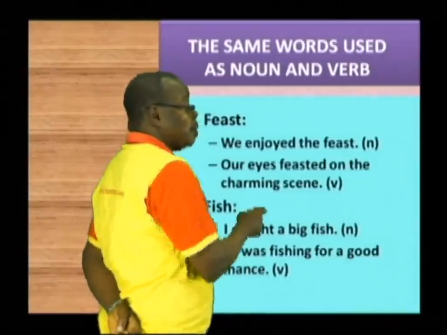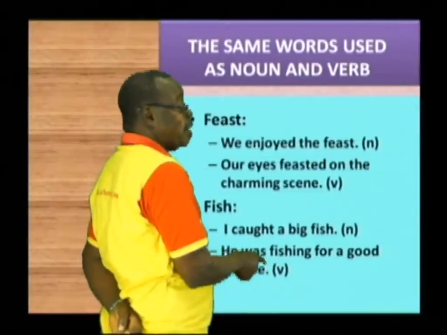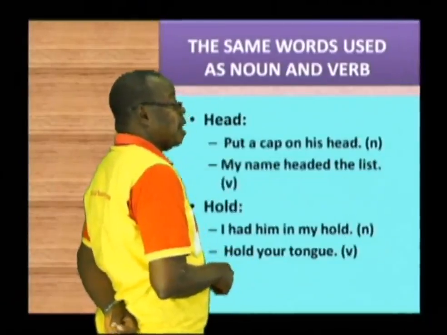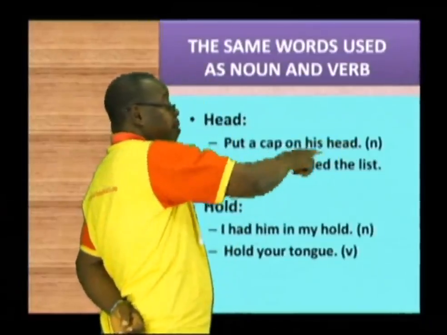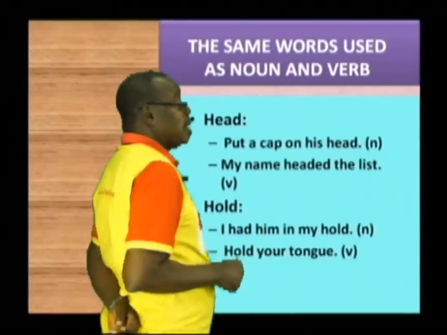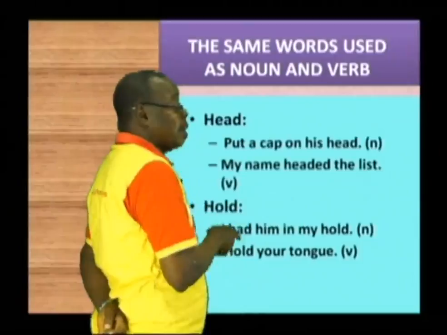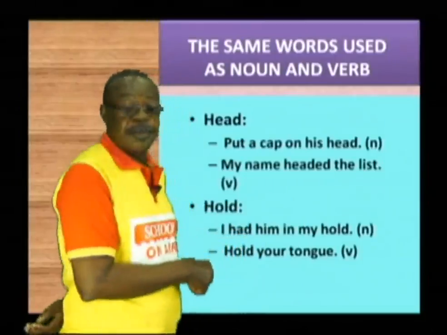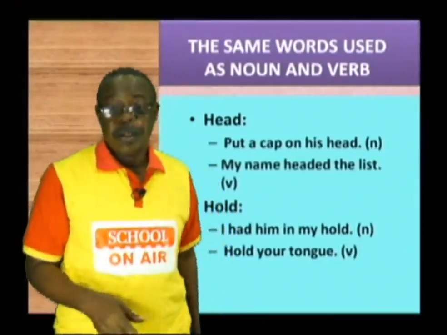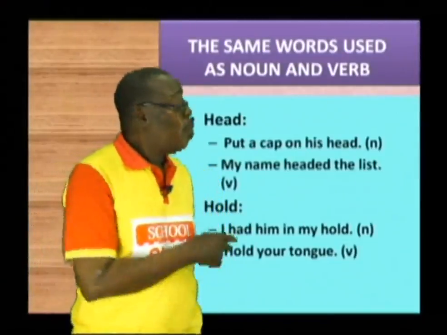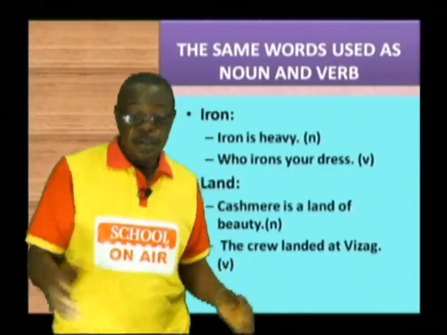Fish as a noun. Then it was fishing as a verb. Okay? Head as a noun, headed as a verb. Hold as a noun, hold as a verb. And then you have iron and land and so on and so forth.